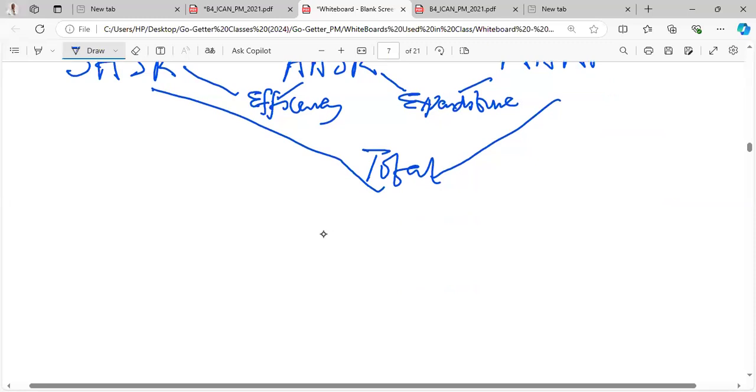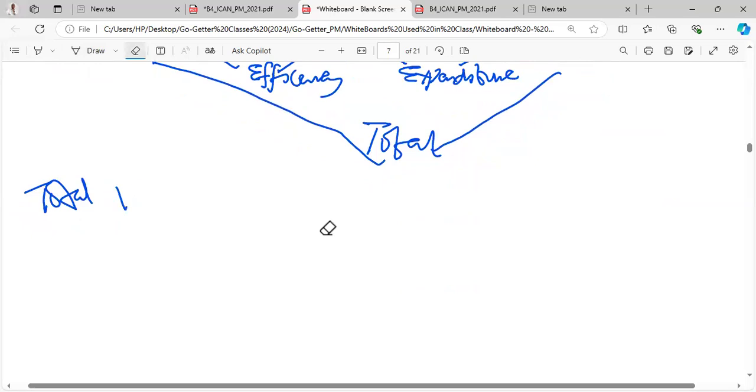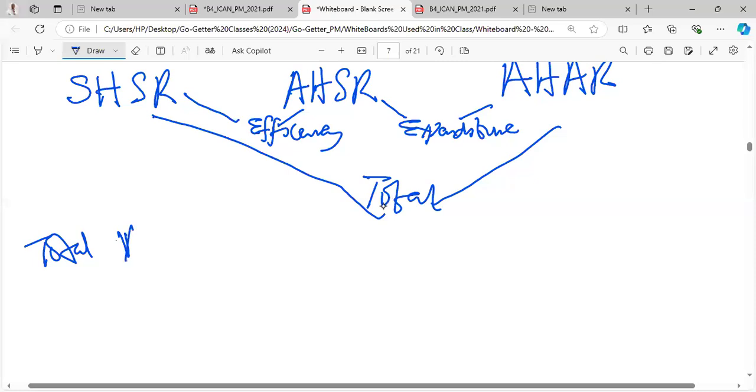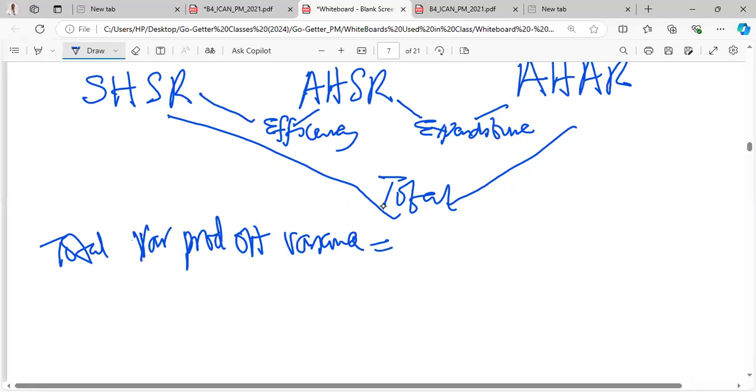So let's derive it now. Total variable production overhead variance is standard hours at standard rate minus actual hours at actual rate.